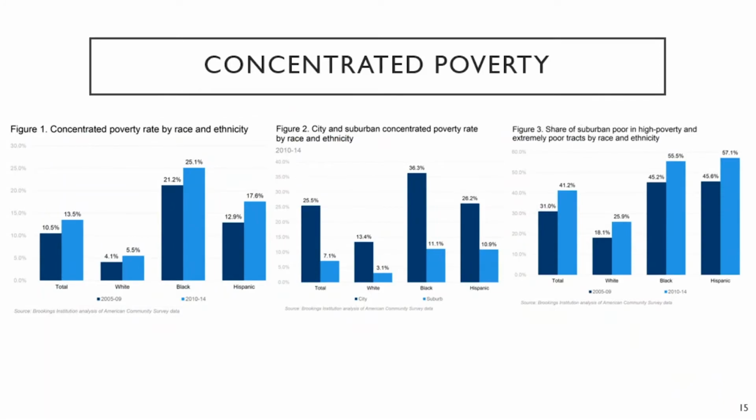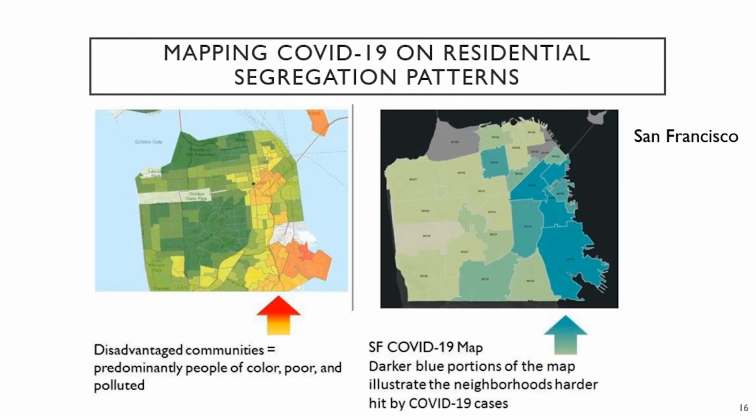Similarly, Blacks and Latinos are more likely to live in segregated neighborhoods with concentrated poverty, which means that 40% or more of the households have an income at or below the federal poverty threshold. When we see the spatial distribution of COVID-19, a clear pattern emerges.